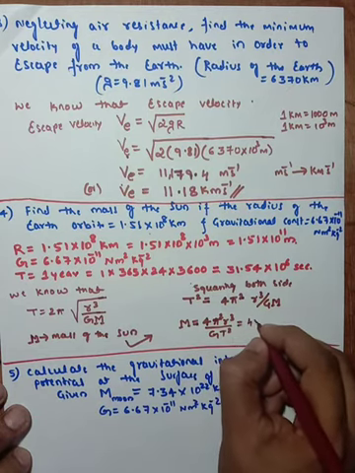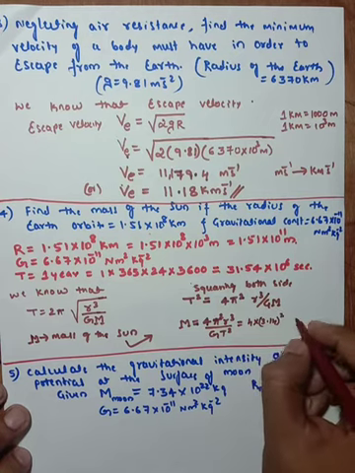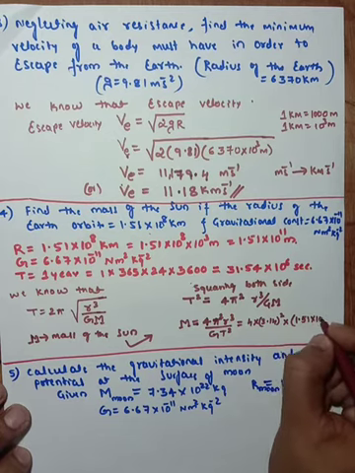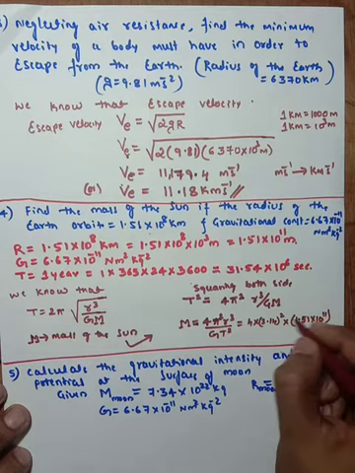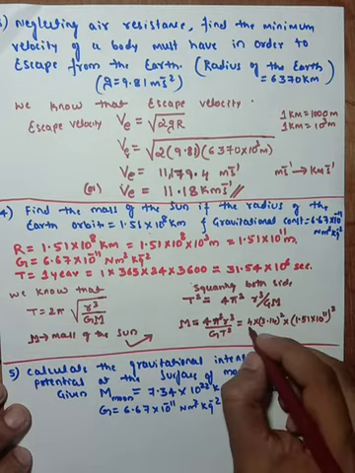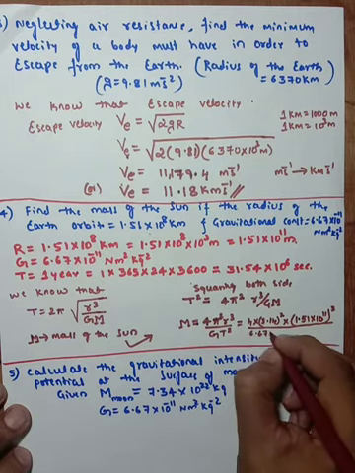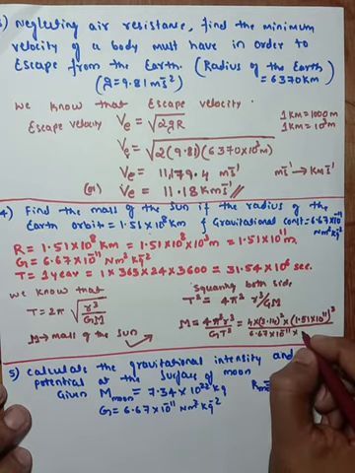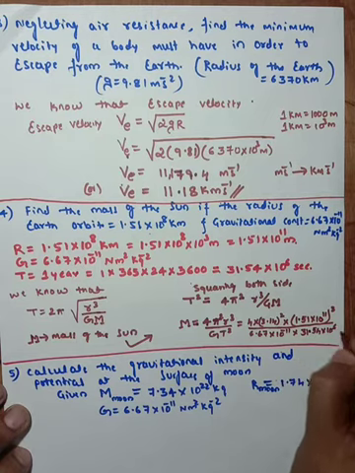So this is 4 into 3.14 square into 1.51 into 10 raised to 11, cube, R cube, that whole divided by 6.67 into 10 raised to minus 11 into 31.54 into 10 raised to 6.